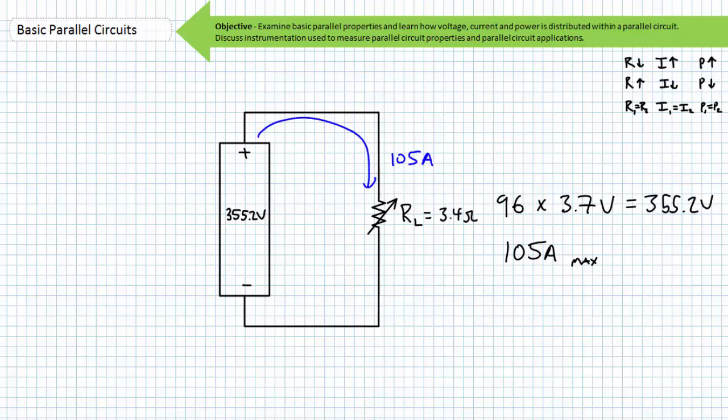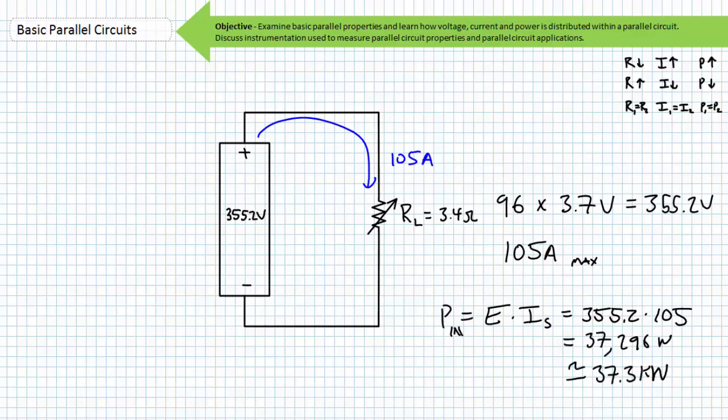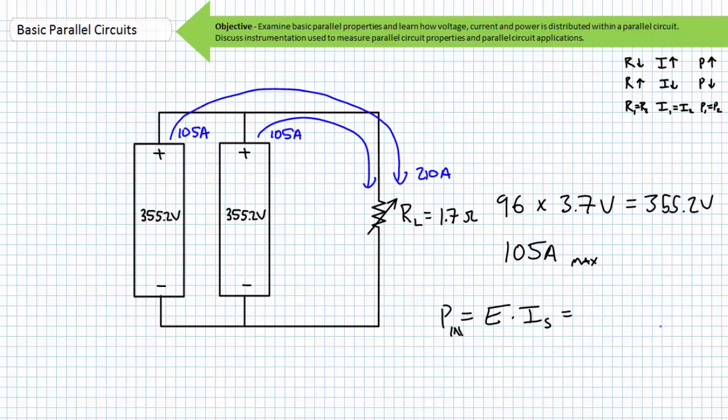If our adjustable load resistor was drawing 105 amps from this 355.2 volt source, the source would be delivering 355.2 times 105 amps, approximately 37.3 kilowatts. How could this battery pack provide twice as much power, yet still operate at 355.2 volts? The answer is it can't. However, two of them in parallel could.